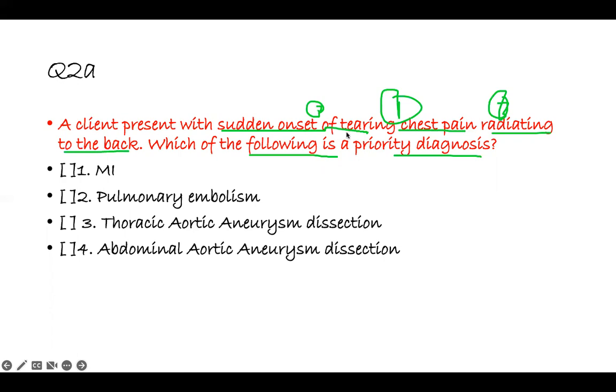Sudden onset, tearing chest pain radiating to the back is not an MI, it's not a pulmonary embolism, it's a thoracic aortic aneurysm dissection, not an abdominal aortic aneurysm. Abdominal will have sudden onset of abdominal pain radiating towards the back. So 3 is the right answer.